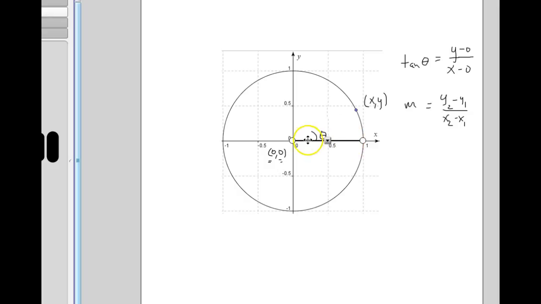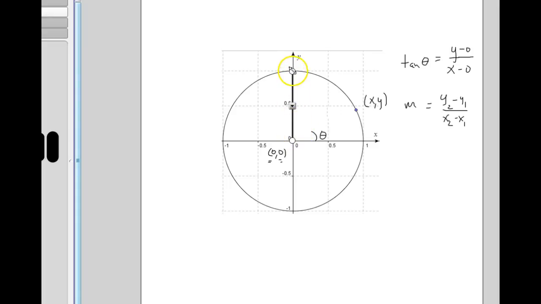Alright, now think about what happens with slopes. A horizontal line has a slope of 0, if you remember, right? And then we've got positive slope as we're starting to increase the angle until finally we get to 90 degrees. And now we've got a vertical line. And if you remember from algebra, pre-calculus, the slope of a vertical line is undefined.